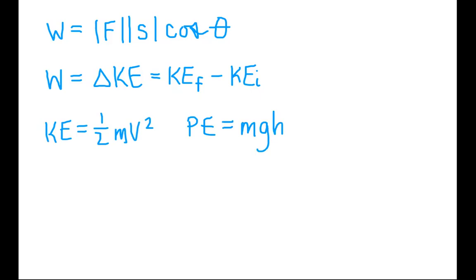So those are the equations that we can use to calculate kinetic or potential energy, which is useful if we're using it in an equation for work. Okay. So those are some of the equations that we're going to be using today in our examples. And so it's a good idea to keep those in mind.